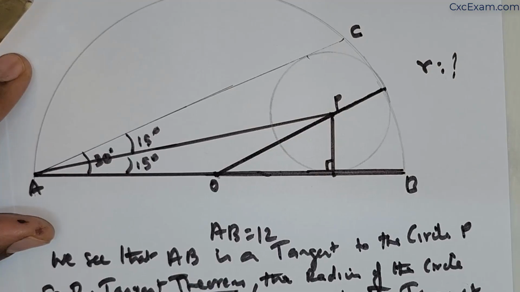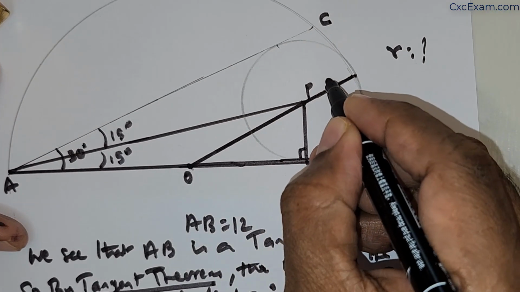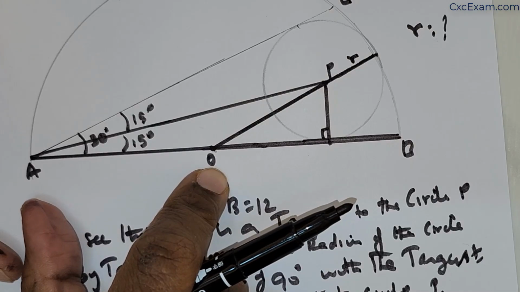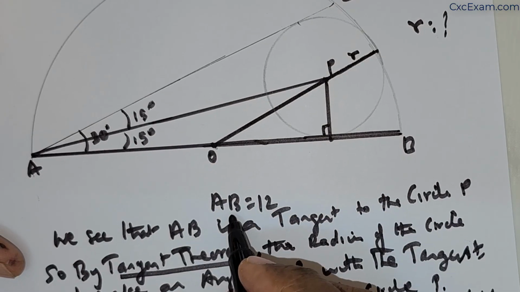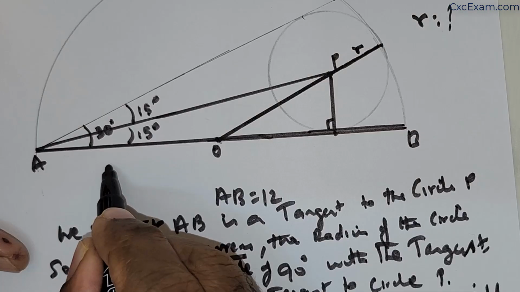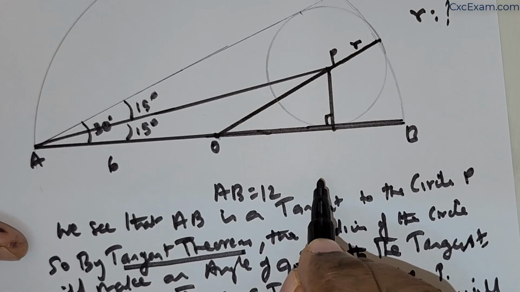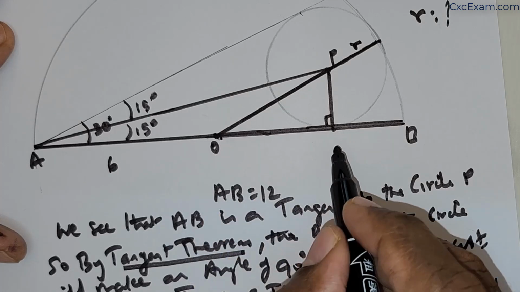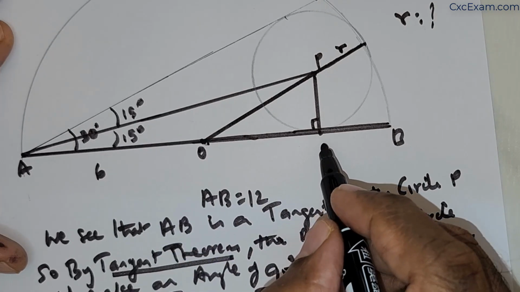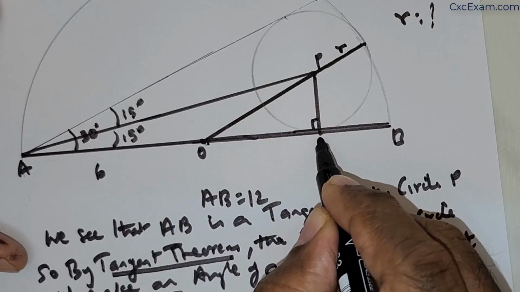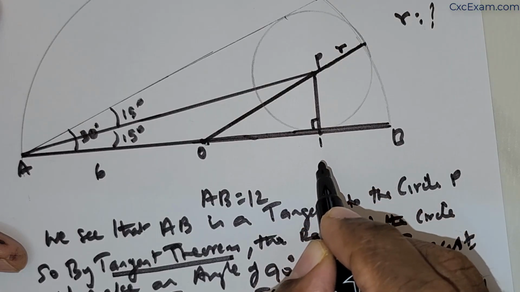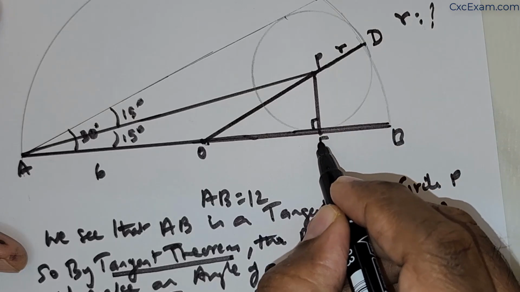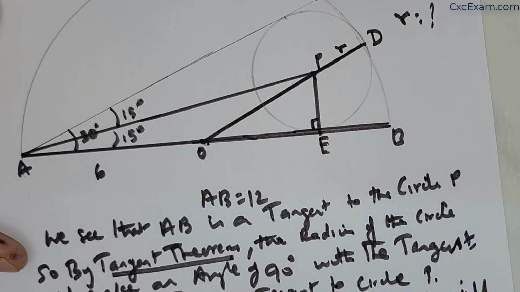So this radius is r units. This entire distance, AB, is given as 12 units, so this is going to be 6 units. Let me name an intermediate point D, and let me take this as E.